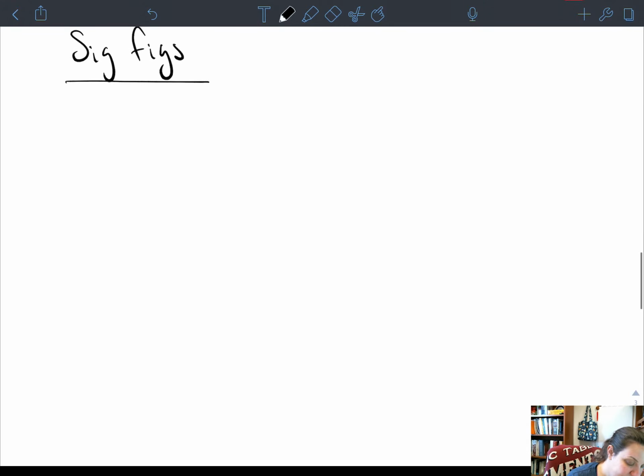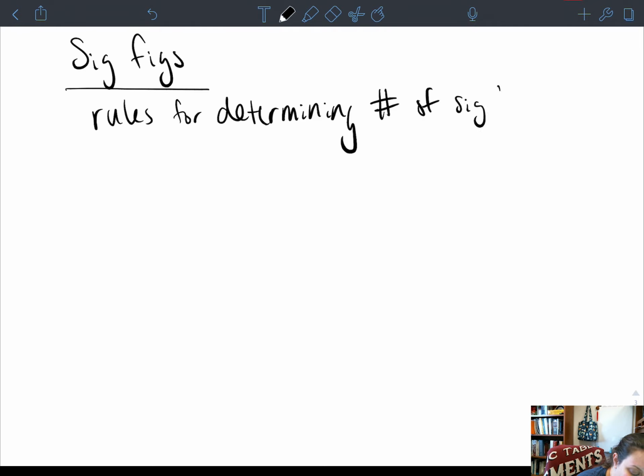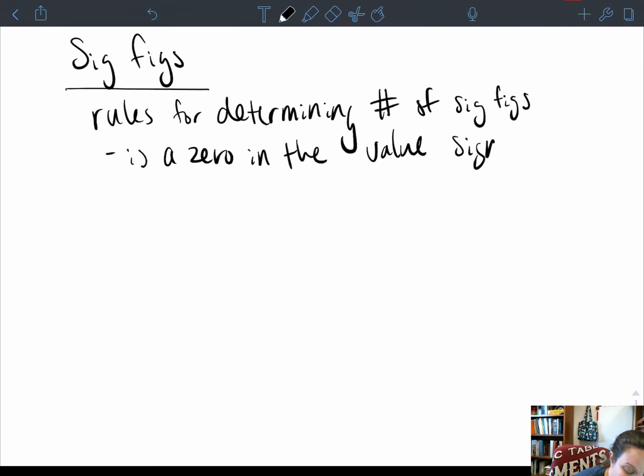So with significant figures, we're going to look at rules for determining number of sig figs. And there's quite a lot, so I'm not going to go over them right now. But you're basically determining, is a 0 in the value significant or not?